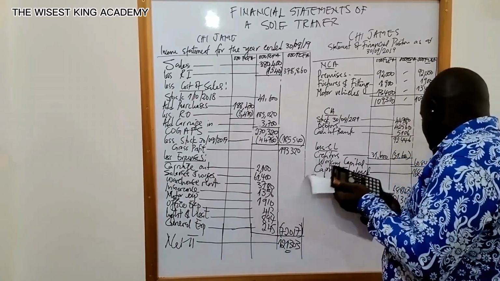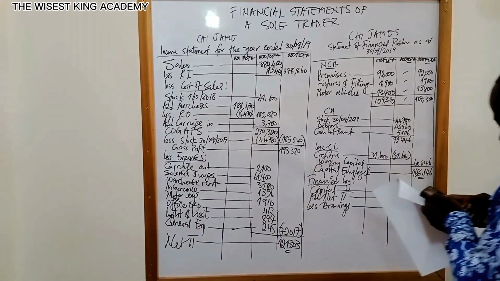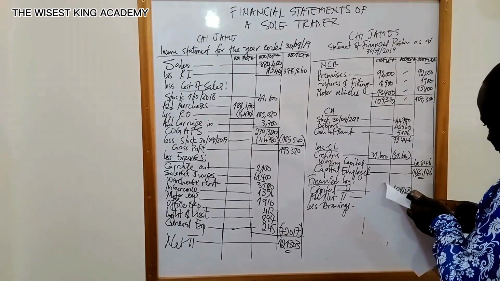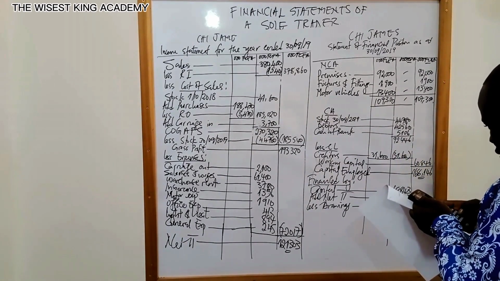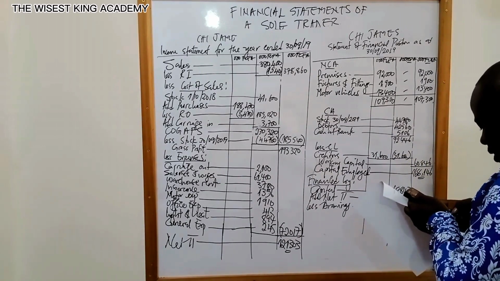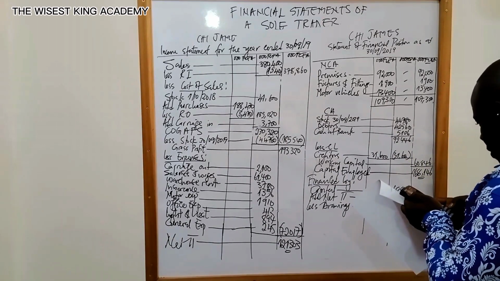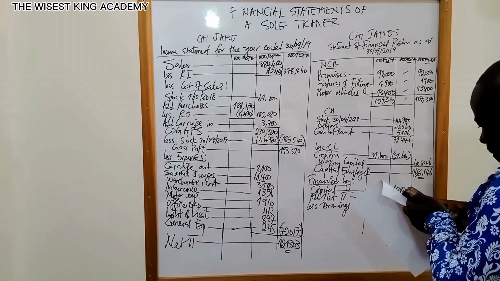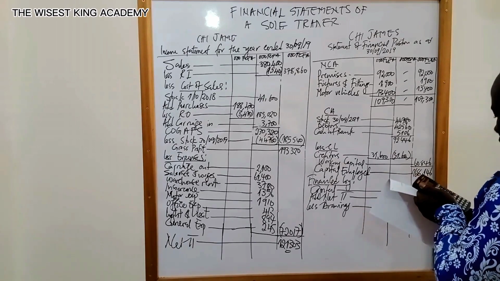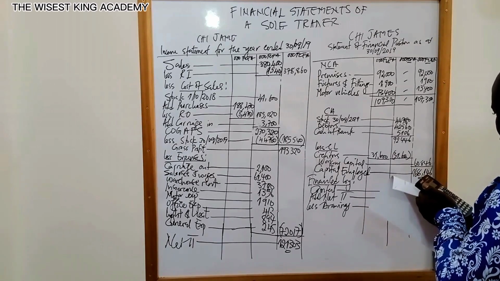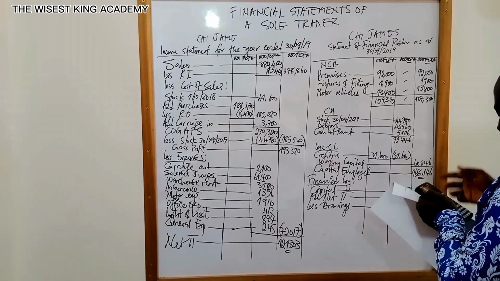Now we take the total. So 68,843 plus 121,303 plus 22,000. Sorry, I added instead of subtracting.